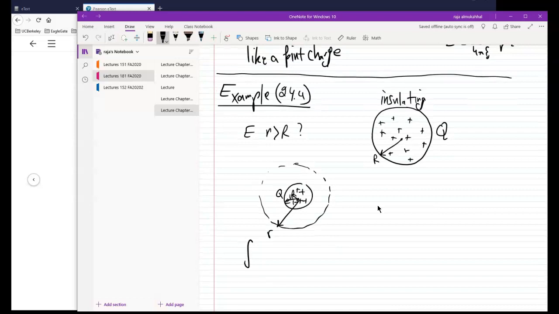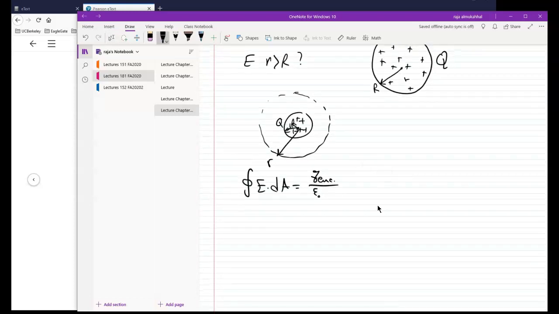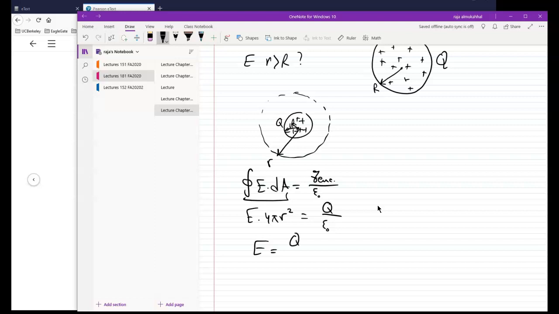See, if you apply Gauss's law, charge enclosed over epsilon naught, and whether it's insulating or not, the charge enclosed will basically be big Q, and this is basically E times 4 pi r squared. It really won't matter. You see what I'm saying? So you're still going to get the same answer as for a point charge.